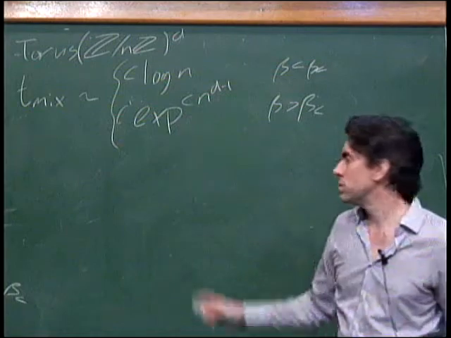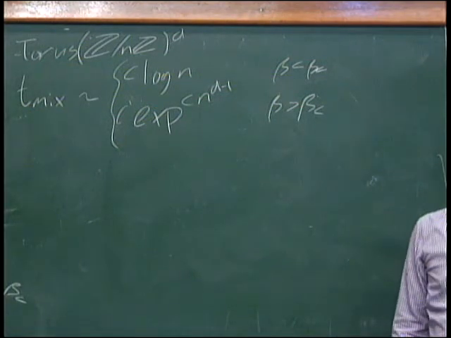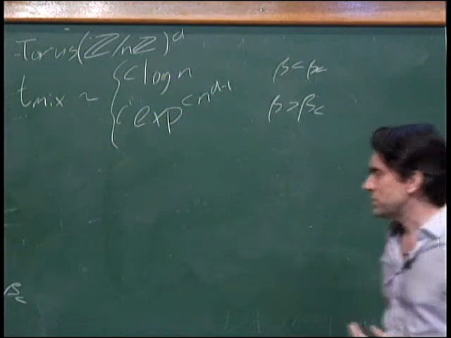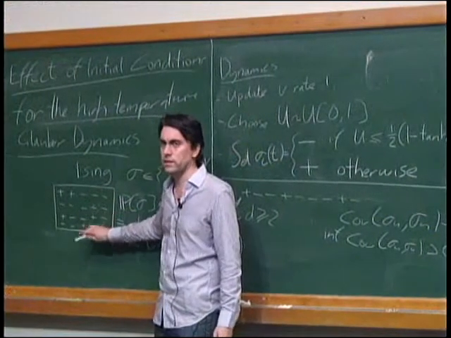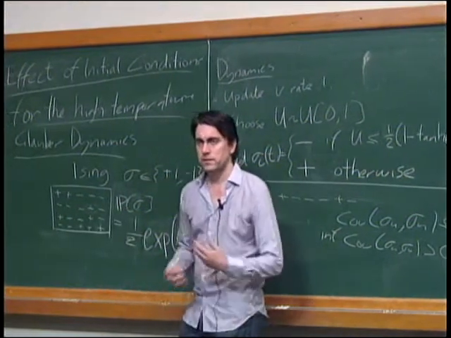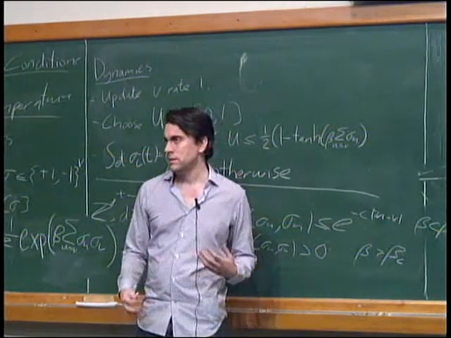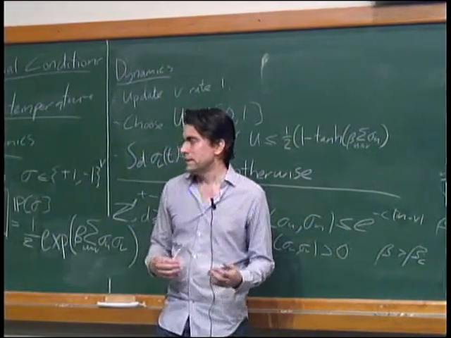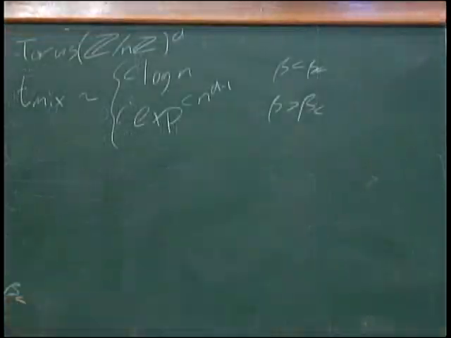And the reason for the slow mixing here is essentially because the configurations are either predominantly plus or predominantly minus. There's a bottleneck going between those two states, and it takes exponentially long to pass through them.